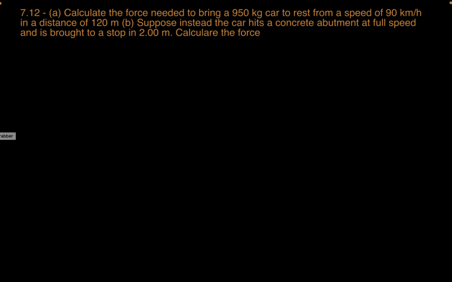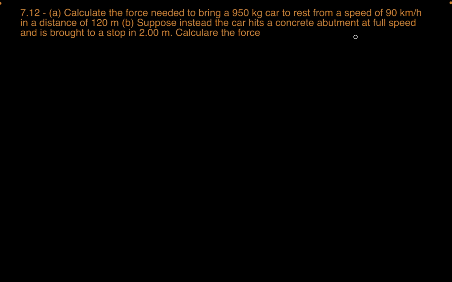Okay, so here you have a car and it's going down at some speed, and that speed is 90 kilometers per hour. I've already gone ahead and done some conversions here, just to give you an idea.